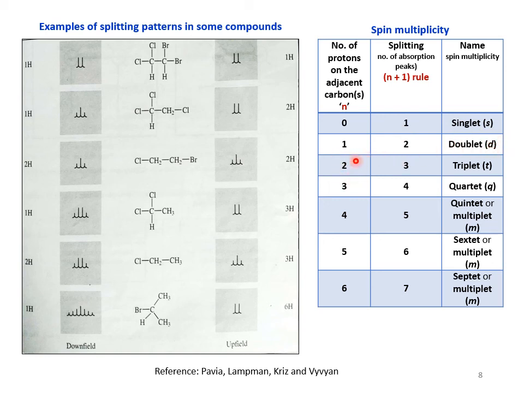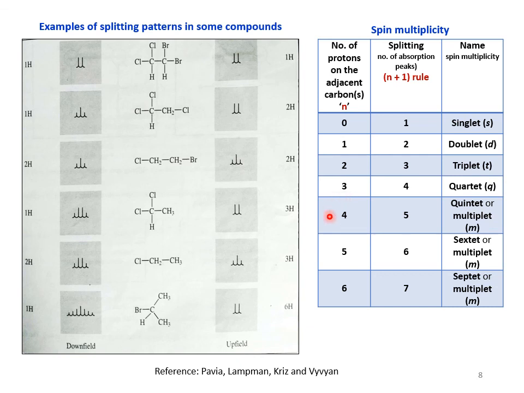If there are two hydrogens on the adjacent carbon atom, the signal splits into 3, designated as triplet, T. If the adjacent carbon atom has 3 hydrogens, the signal splits into 4, designated as quartet, Q.